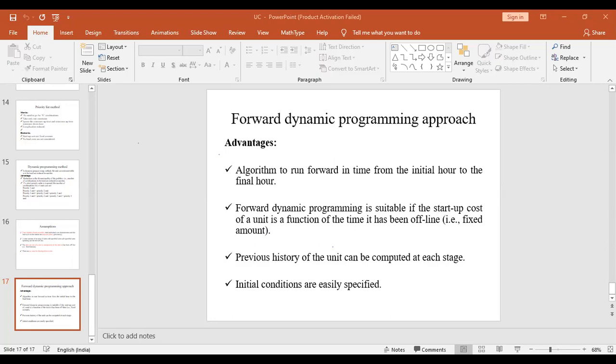Similarly, for another question, we are asked to calculate the incremental cost of the system connected with generator units, delivering 200 megawatt.